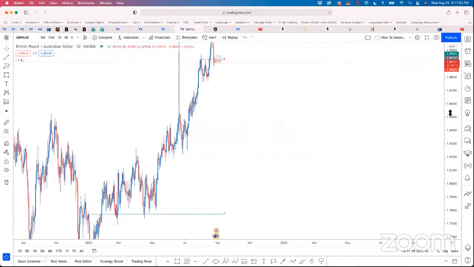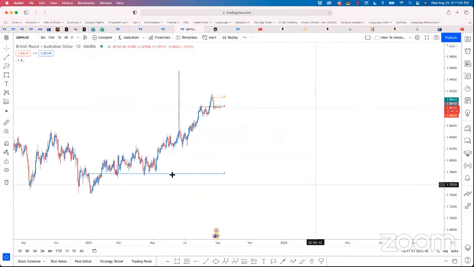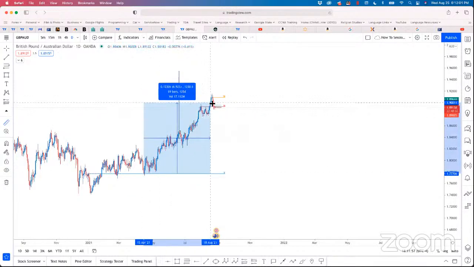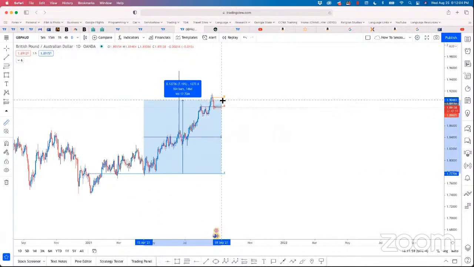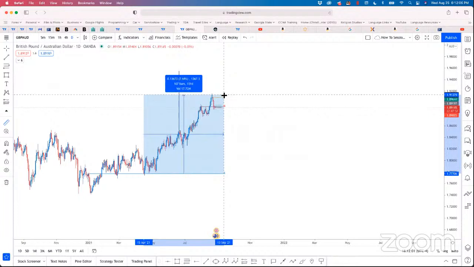You catch a buy off this yearly, you're up 12, 13,000 pips almost.